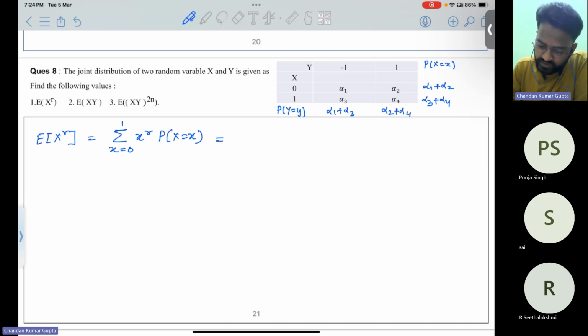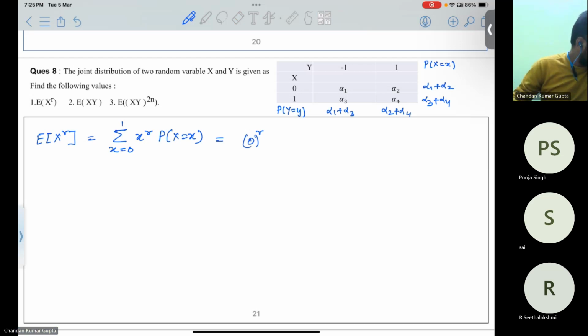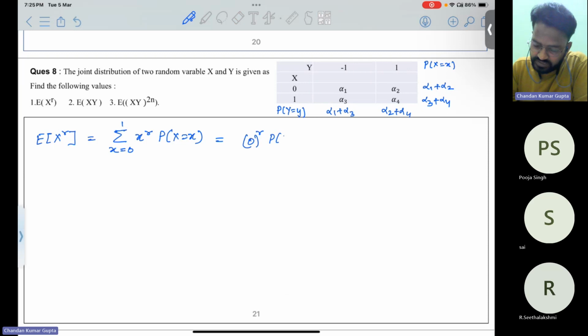When we consider 0, it's 0 to the power r times probability that x is equal to 0, plus 1 to the power r times probability that x is equal to 1.